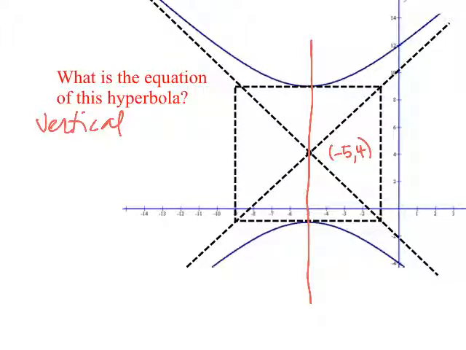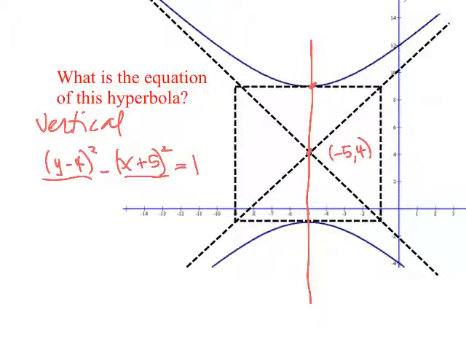So your y term comes first since it's vertical, and you're going to have y minus 4 squared minus x plus 5 squared equals 1. Now we just have to find our a and b values. So a is the distance from the center to the vertex on the transverse axis.